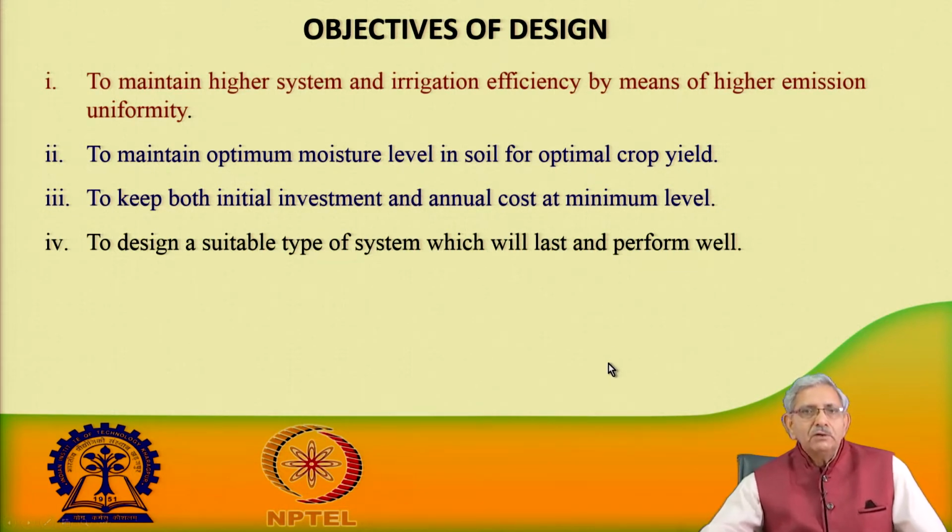The other point is to design a suitable type of system which will last long, and for the longer life period of the system, it should perform at a high efficiency, it should perform well.